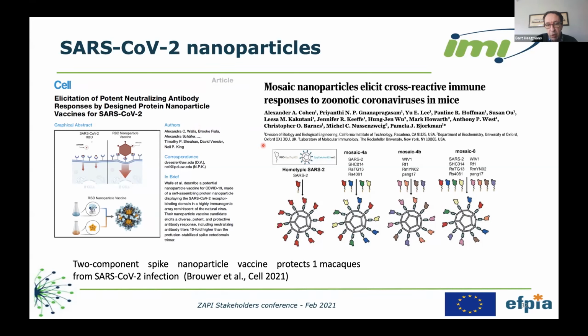But interestingly, you can also use this approach not only to couple one RBD, as shown on the right, but you can in principle develop mosaic nanoparticles that contain different RBDs from different related, for example, SARS-CoV viruses to induce antibody responses that are broadly reacting. And I think there's an interesting development, but also recently published work. Next slide.